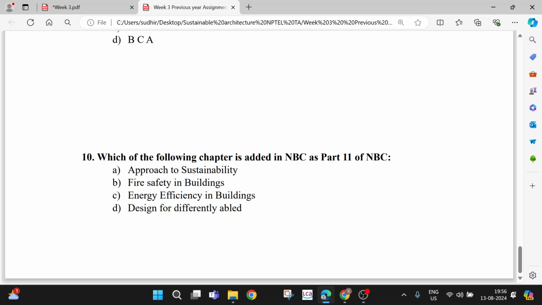Yes, sir. Thank you. Sir, what is the exam pattern? Is it MCQ or subjective? So the exam will be a combined one. It will have some objective questions, and apart from that, some questions you will have to solve, like in the next classes or in the next video lectures you will see the load calculation being taught, and the carbon footprint being taught.